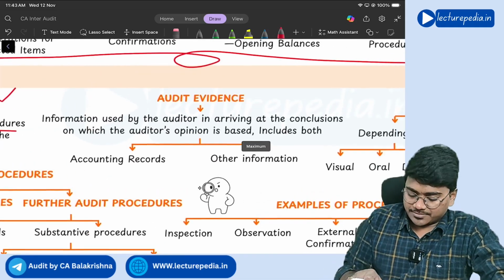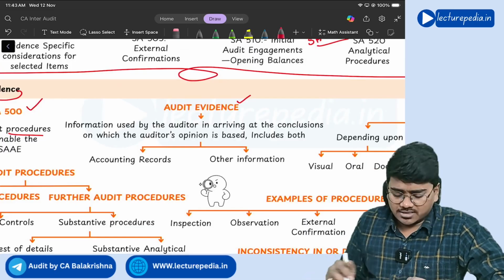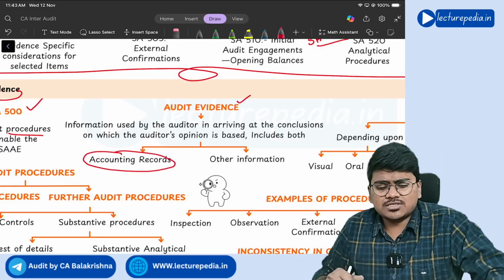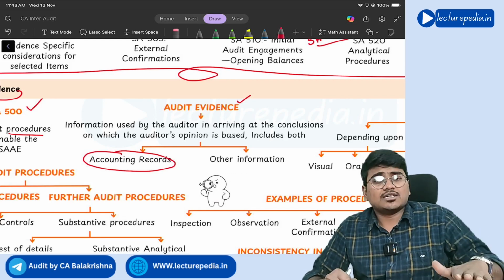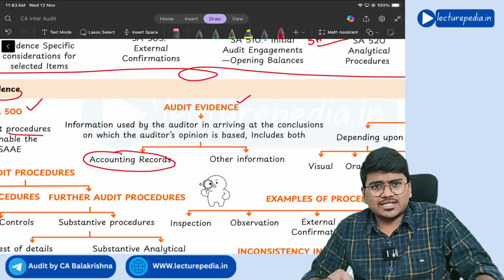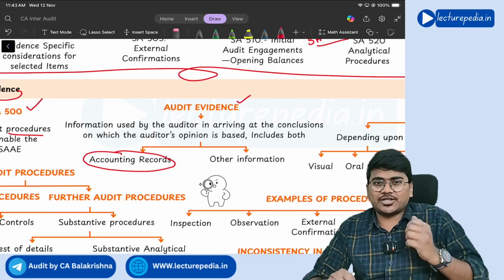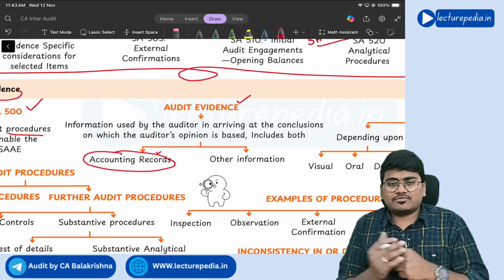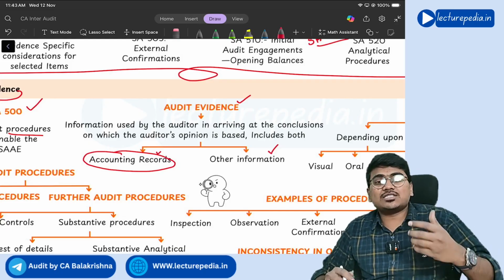Okay, next, you can use as audit evidence either accounting records, means the books of accounts, the financial statements, the vouchers, right, bank statements, all these comes under accounting records. So you can use accounting records as audit evidence, or other information also you can use as audit evidence.